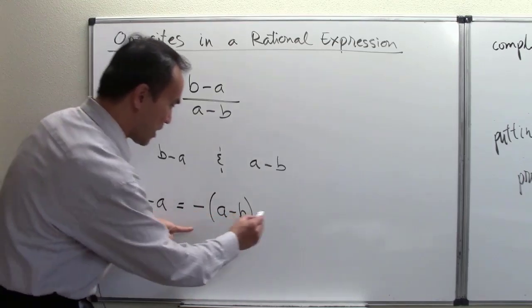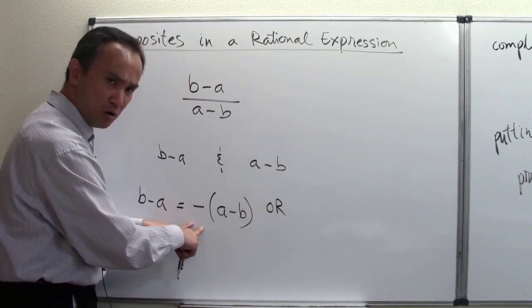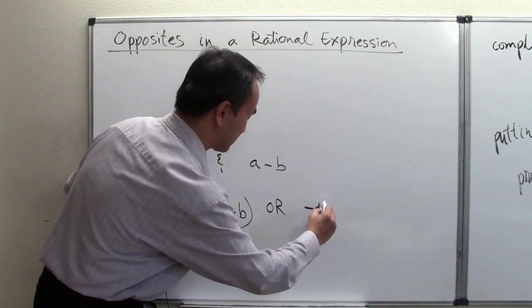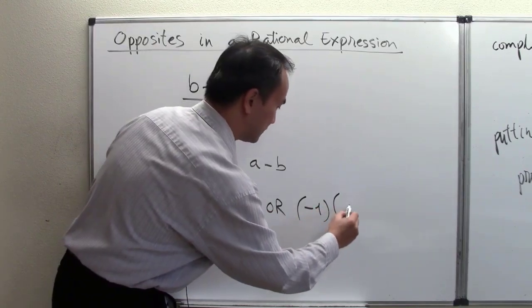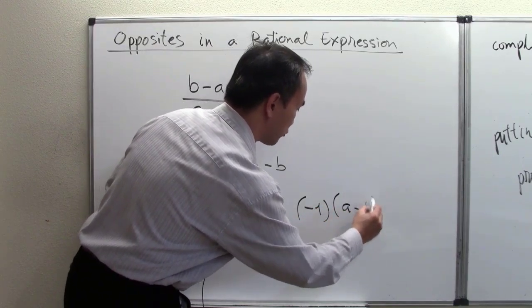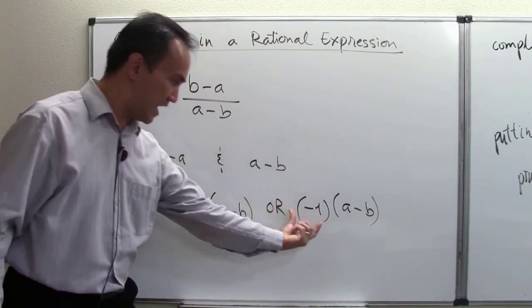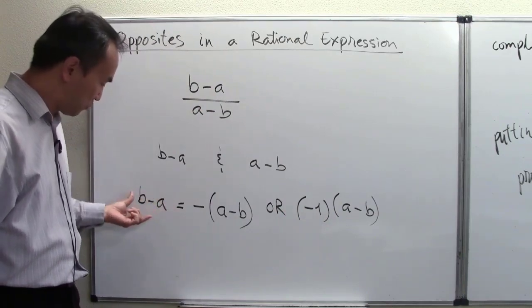And then another way of seeing it, this same expression right here, someone can also argue that b minus a is the same as minus 1. We factor out a minus 1 factor, and then leave a minus b in parentheses. So minus 1 times a minus b, or negative 1 times a minus b, that's the meaning. That's what's equal to b minus a.